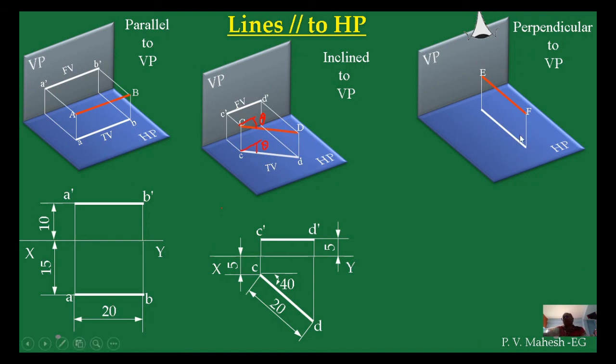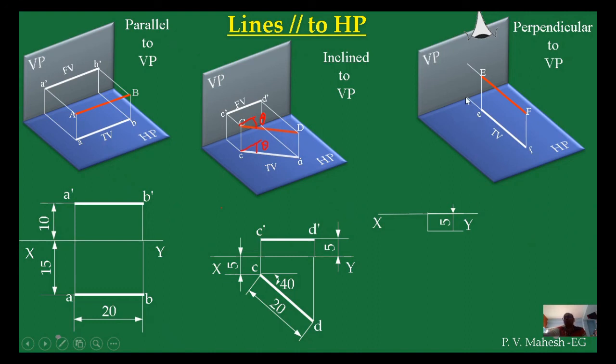Now this is the top view. I have to find the distance of E or F from VP, and then I start drawing the top view. So this is the XY line, and this distance is 5 mm. E is 5 mm in front of VP, so I am taking E 5 mm below the XY line.